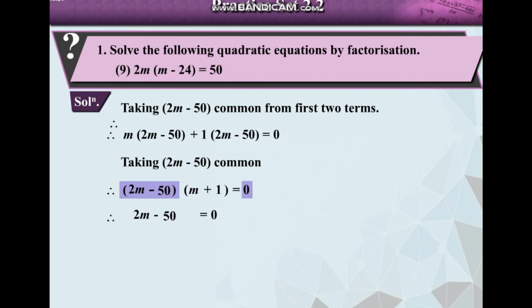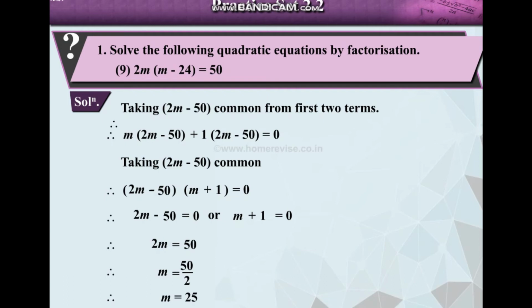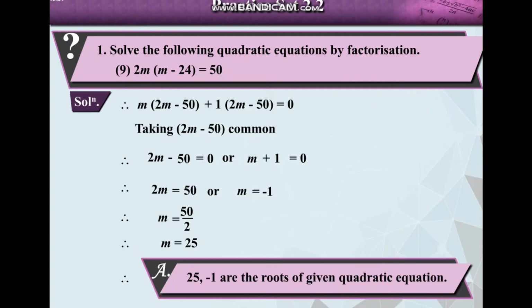Therefore, 2m minus 50 is equal to 0, or m plus 1 is equal to 0. Therefore, 2m is equal to 50, so m is equal to 50 upon 2, that is m is equal to 25, or m is equal to minus 1. Therefore, 25 and minus 1 are the roots of given quadratic equation.